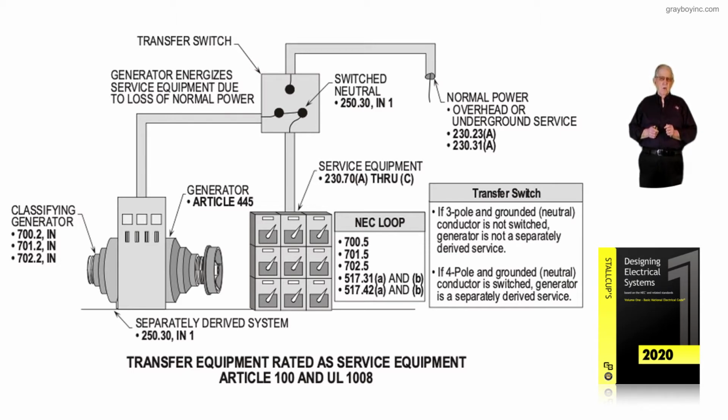Notice an emergency generator in accordance with 700.2 informational note supplies certain loads for the generator to be classified as an emergency generator. 701.2 informational note lists the loads a generator supplies to be classified a legally required standby generator. 702.2 informational note lists the loads that an optional standby generator would supply.